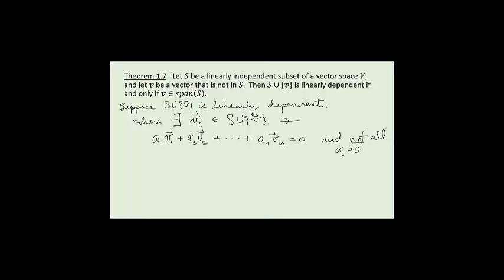Well, we know that S is linearly independent. So that tells us that one of these vectors has to be v. They cannot all be from S. So one of the v sub i with non-zero coefficient must be the vector v.